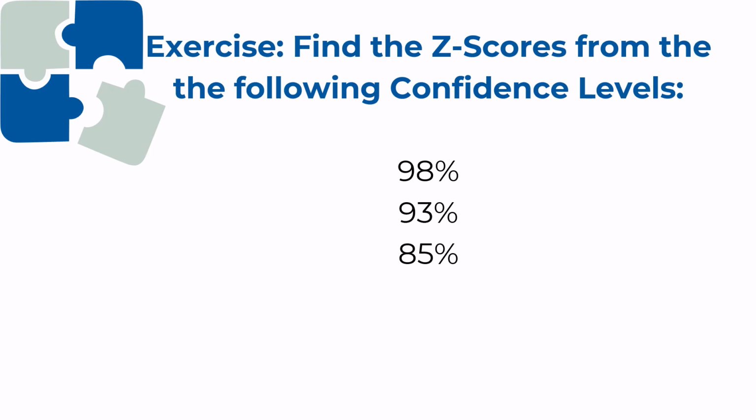Okay, so this is 0.98 plus 1 minus 0.98 over 2, which is equal to, so let's compute for it.